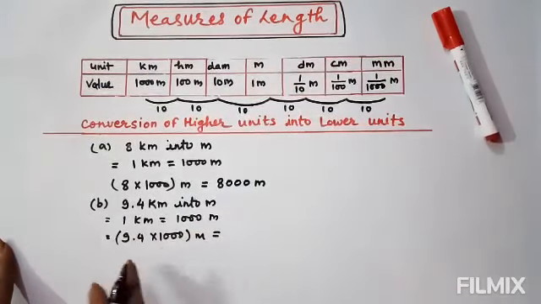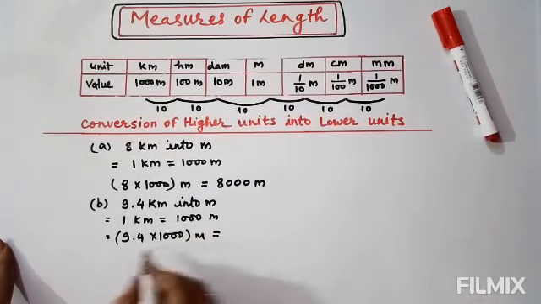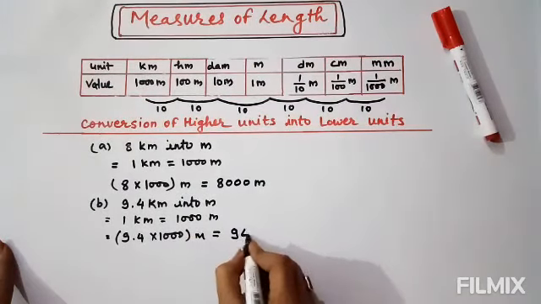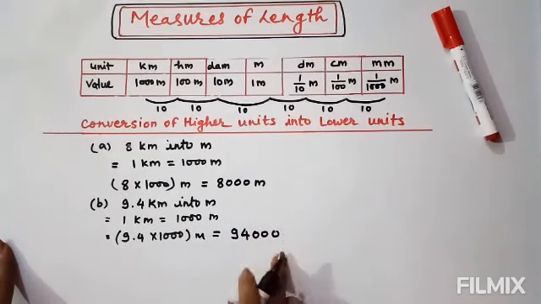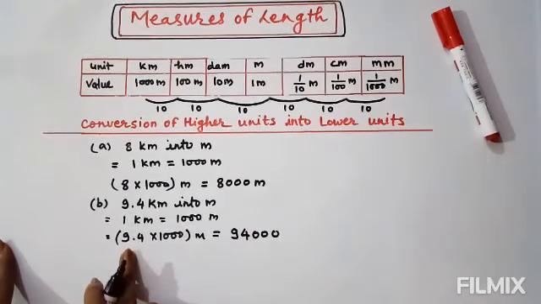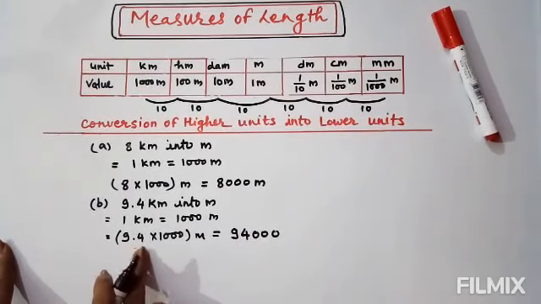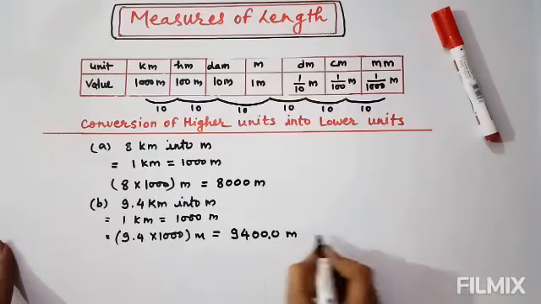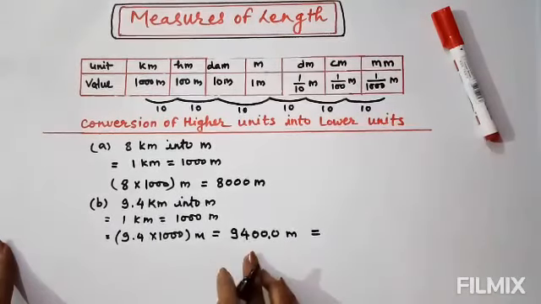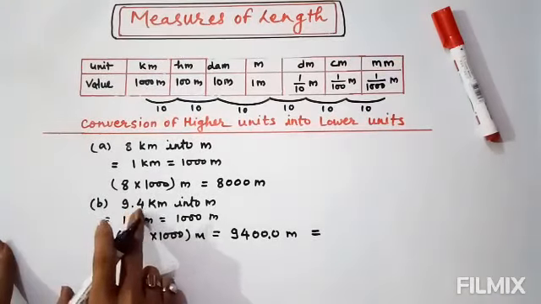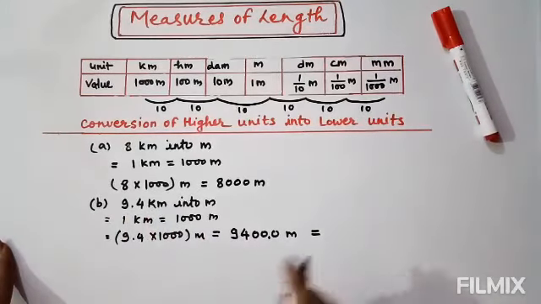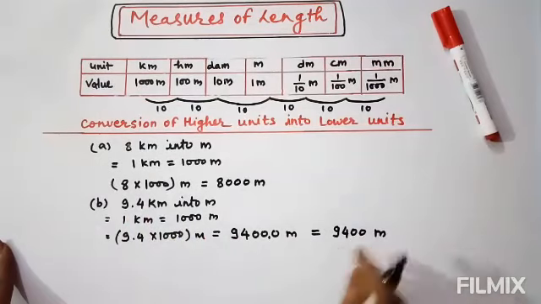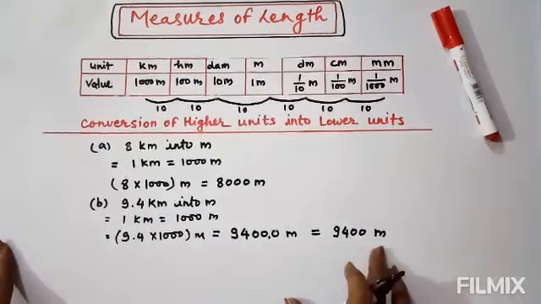As I already explained in the decimal videos, a decimal number we multiply as a whole number, and in the product we put the decimal as we have in the question. So one decimal place, I will put one decimal place. It means what answer will we get here? 9.4 kilometer converted into meter, we get the answer 9400 meter.